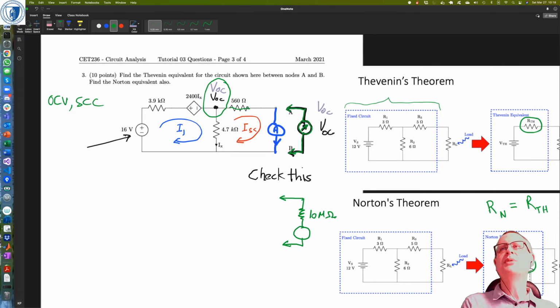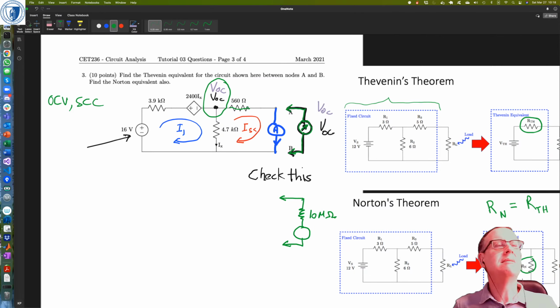So then we need to figure out the voltage there, and there's a couple of ways we could do this. I think the easiest way is to just use mesh analysis.